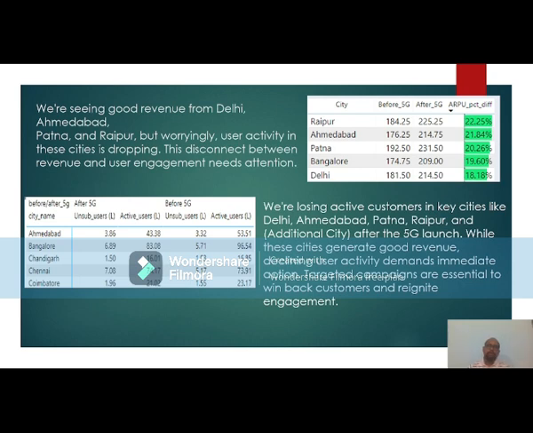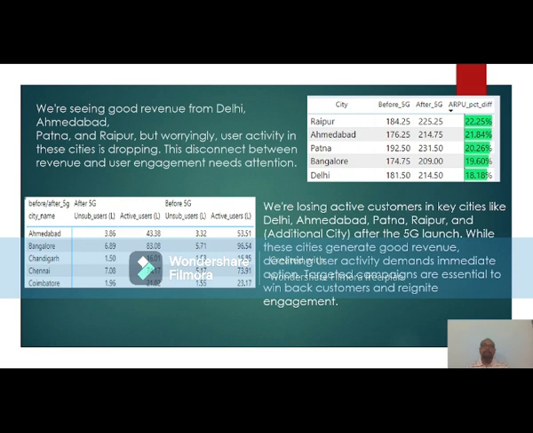Also, we need to keep in mind that many cities like Delhi, Ahmedabad, Patna, Raipur have also seen a decline in the active users. This needs immediate action, because loss of active users will in turn give us less revenue in the longer run.